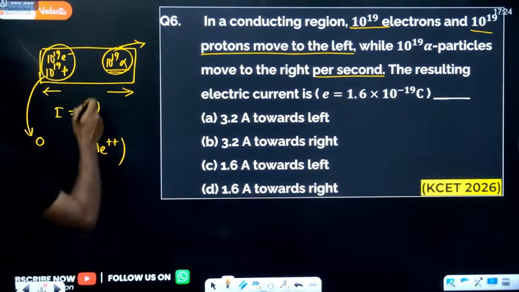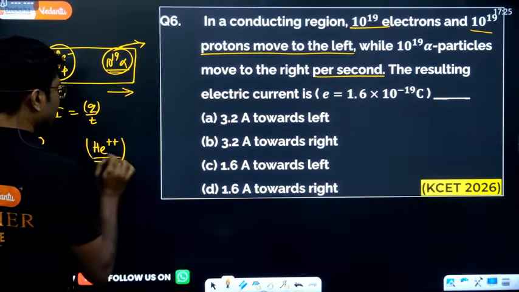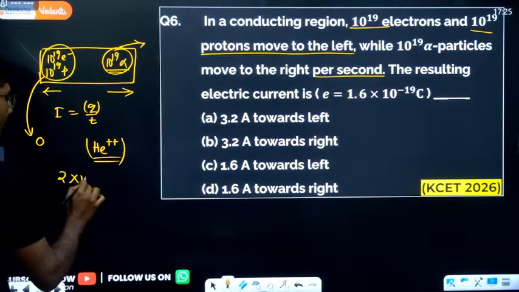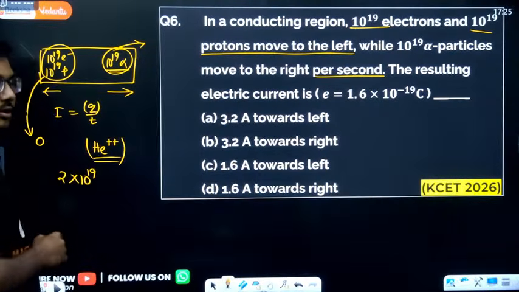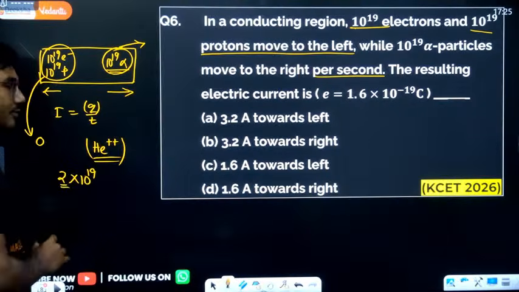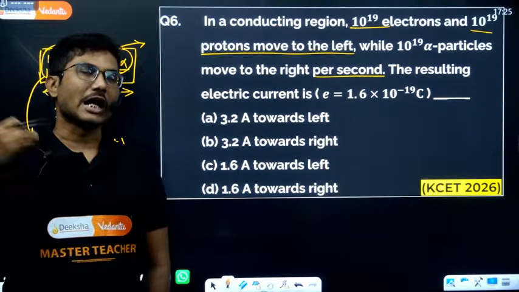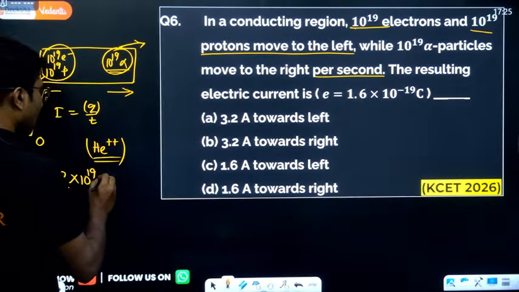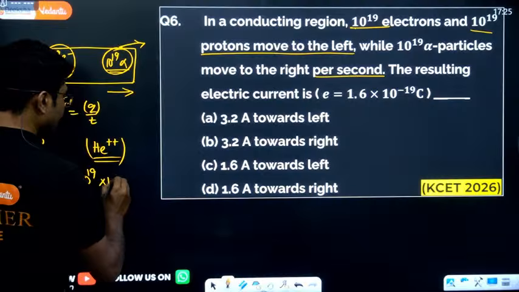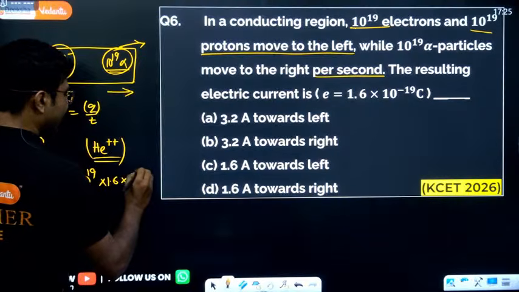So the amount of charge associated with doubly positive helium ions is given by 2 × 10 to the power 19, where this is the number of helium ions and this is the charge multiplier per helium. And the charge, for one single charge, is obviously 1.6 × 10 to the power of minus 19.